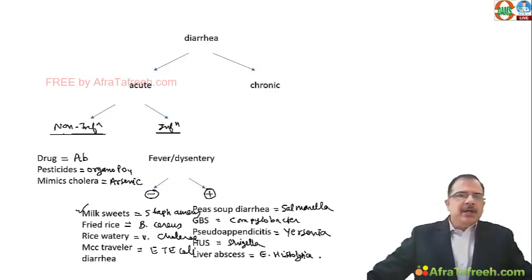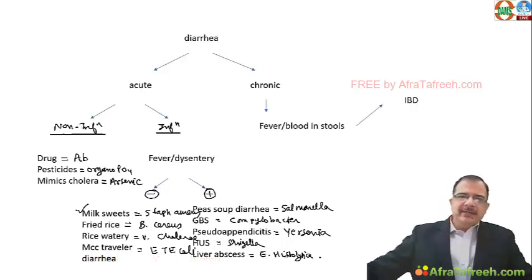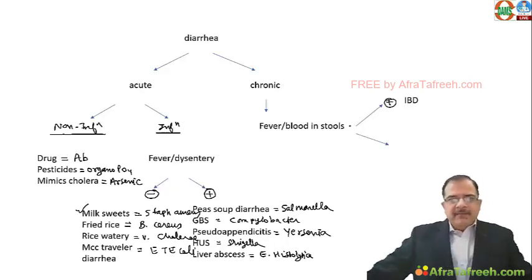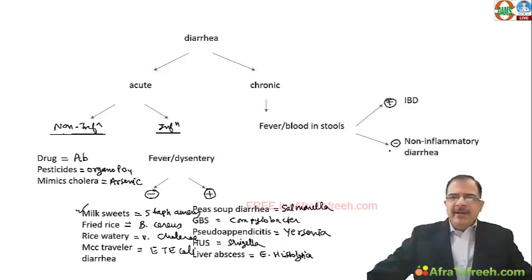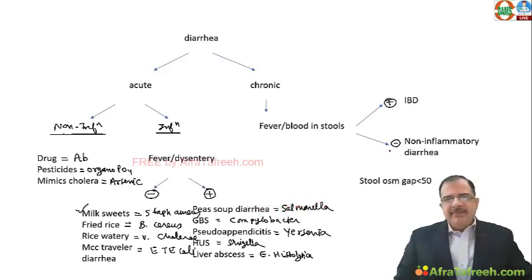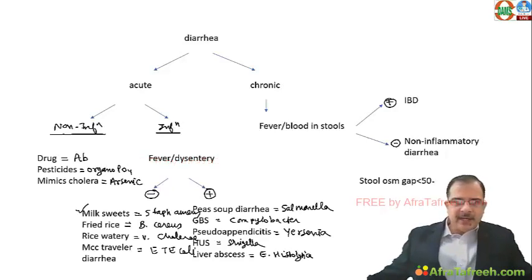Now, it can be a chronic diarrhea, and in chronic diarrhea, if fever and blood in the stools are present, then it is a case of inflammatory bowel disease, IBD positive. While if it is negative, then it will be a non-inflammatory diarrhea. If the stool osmotic gap is less than 50, identify this keyword in the clinical case.